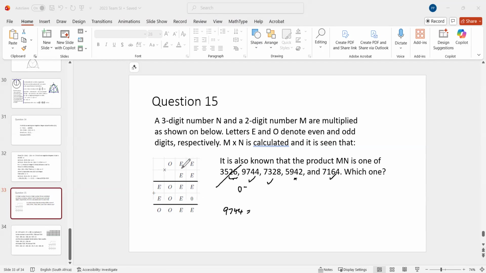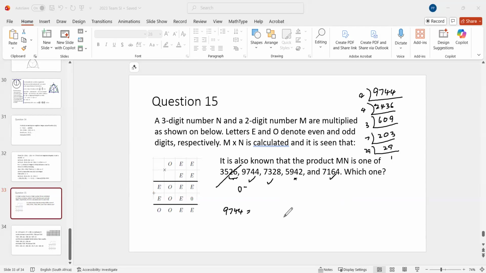Now, I need to find out whether this is a product of two numbers like this. 9744, you have to factorize this. I can see 4 goes into this, so you get 2436. 4 goes into this also, giving 609. 3 goes into this, giving 203. 203 is 7 times 29.